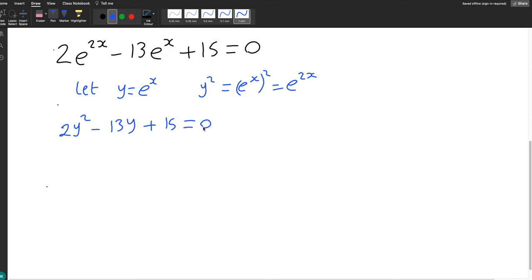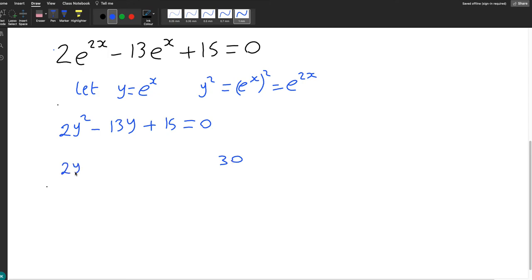I'm going to factorize it using my hack. I will attach a link in the video so that you guys can get access to that hack, but you can factorize it however you want. So I'm going to do 2 times 15, which is 30, and I need two numbers that multiply to give 30, but add to give minus 13. So that's going to be minus 10 and minus 3.